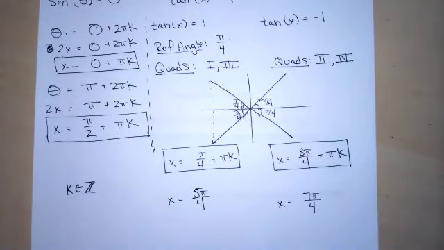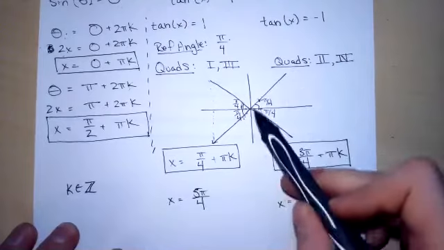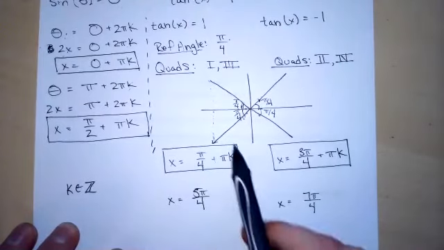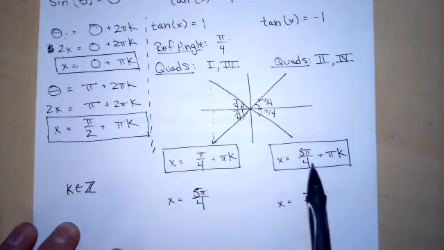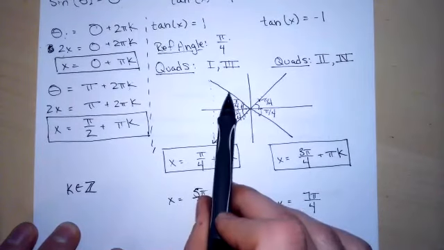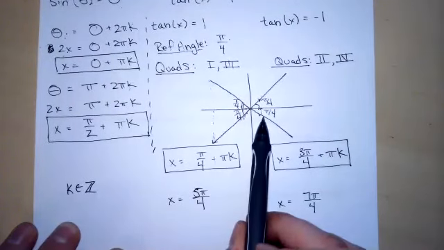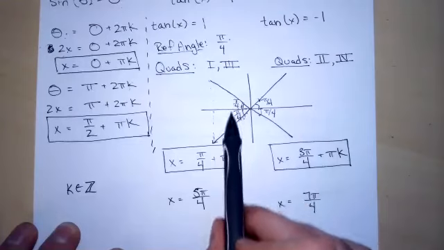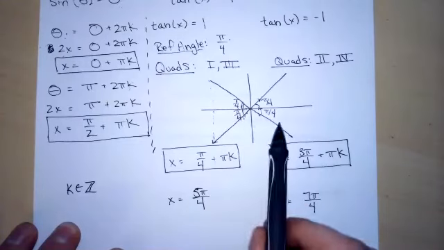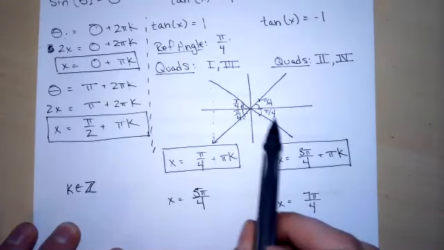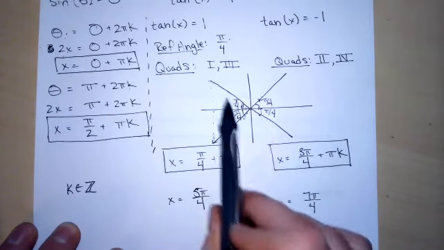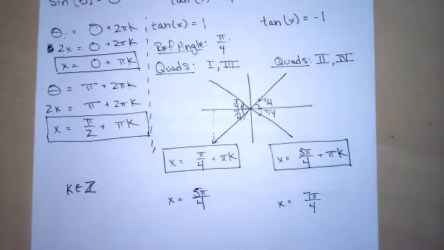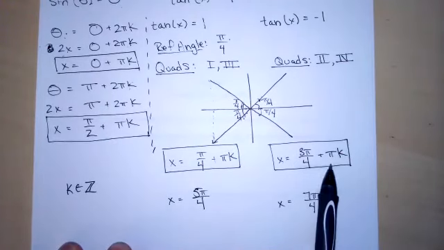So any of the coterminal angles with these two, this sequence will hit them. Likewise over here, we start at 3 pi over 4 plus pi plus another pi plus another pi. We're always going to hit one of these two reference angles. And with all of the values of k, we will hit all of the coterminal angles. So it includes the entire solution set in that statement.